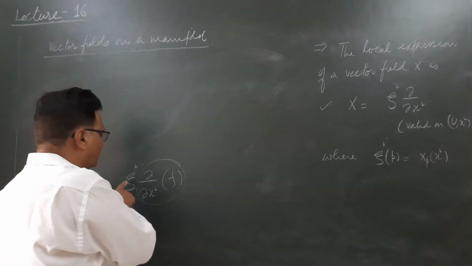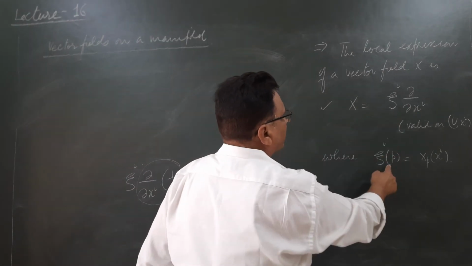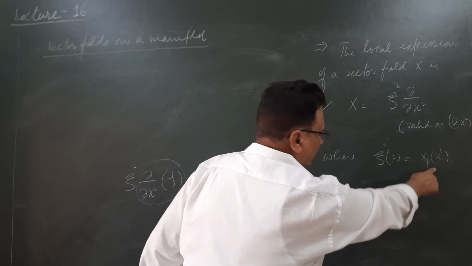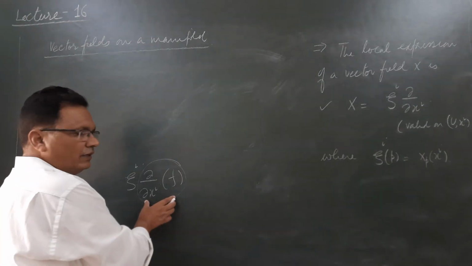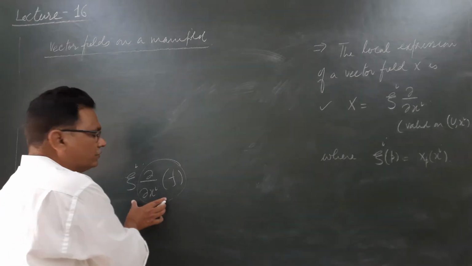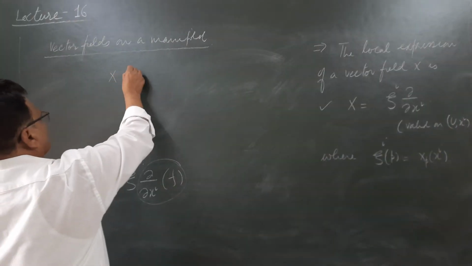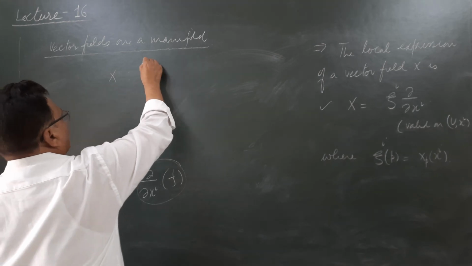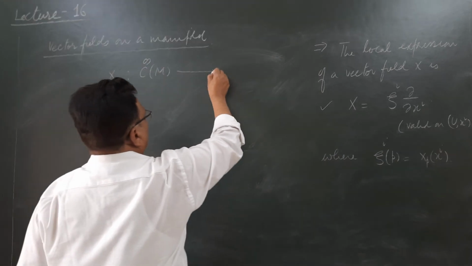Is it right? ξ^i is already a function, because these are functions which, operating on P, give you a real number. So ξ^i is a real valued function, and this is also a real valued function. So I will say that X can be considered as a map from C^∞(M) to C^∞(M).